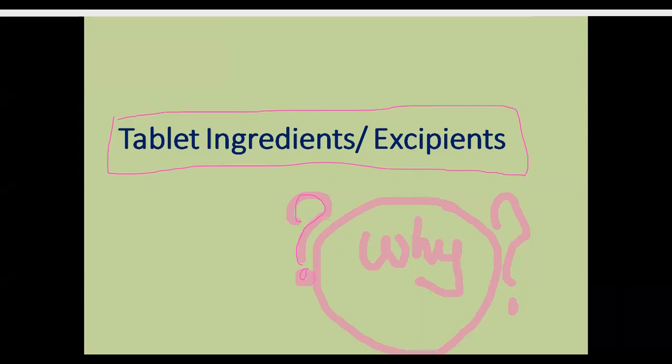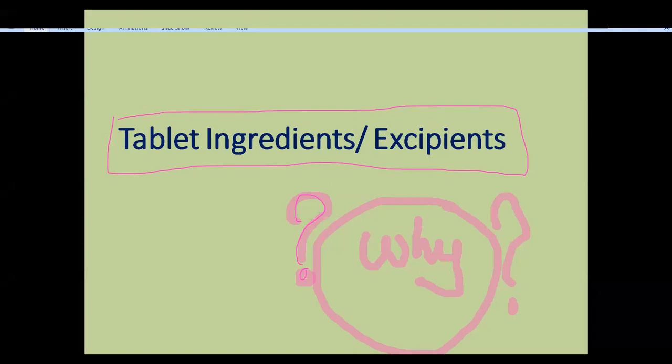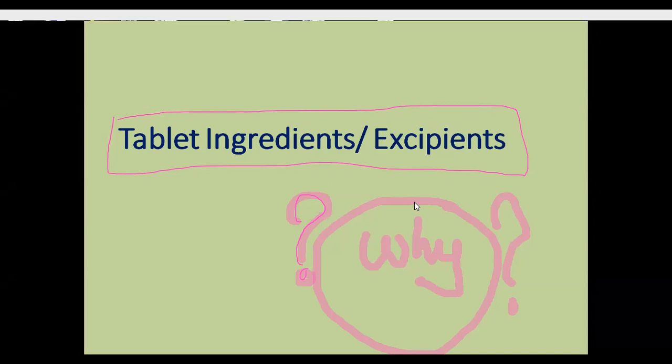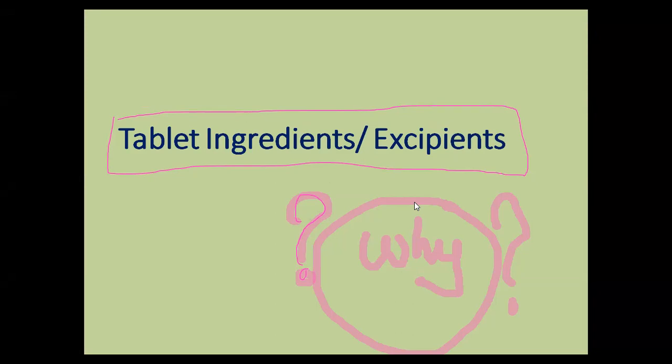These functions include masking of taste, masking of odor, ease in flowing of powders, giving a suitable color to a formulation, and depending on the functionality which an ingredient or an excipient is going to give in the formulation, these excipients are classified into various types. Now, why are they used?